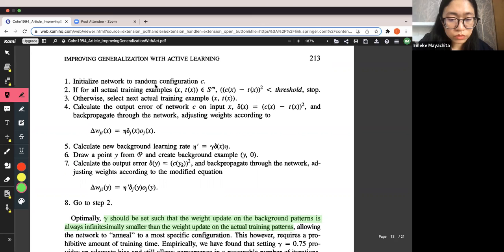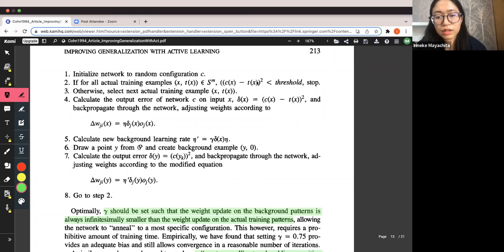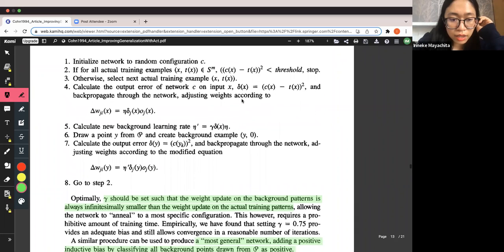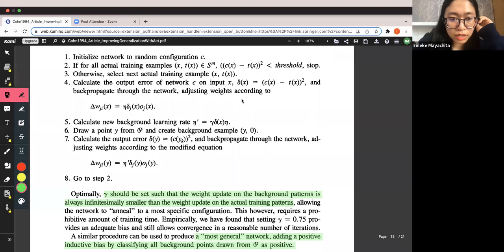Then we calculate the squared error, basically the classification error of the examples with the model. Then we sample the next training example, calculate the error, and find a new background learning rate.